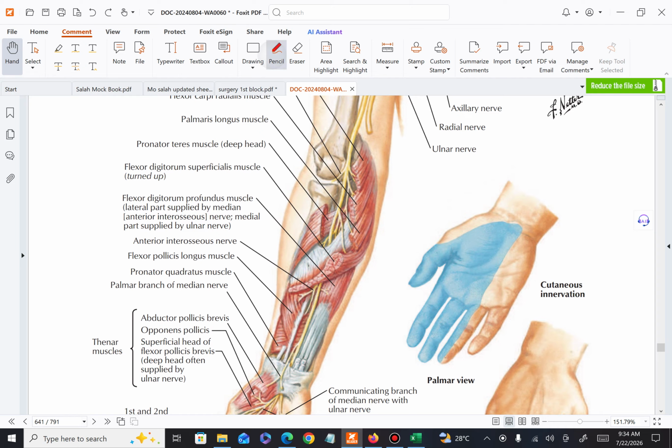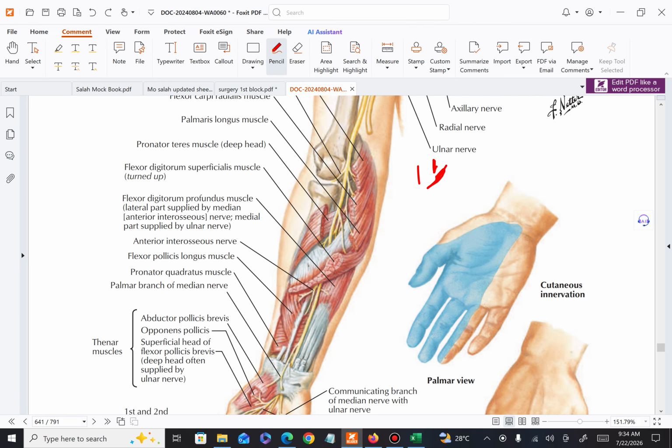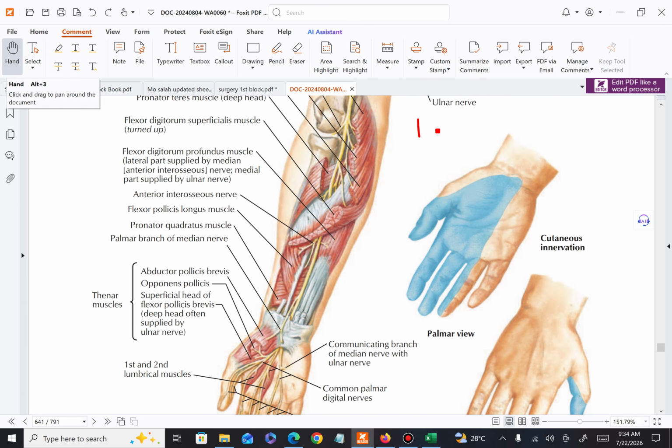The 1.5 muscles are supplied by the ulnar nerve, while all the other muscles of the anterior forearm, which is the flexor compartment, are innervated by the median nerve. The flexor carpi ulnaris and the medial half of the flexor digitorum profundus are supplied by the ulnar nerve, while all the other muscles are supplied by the median nerve.